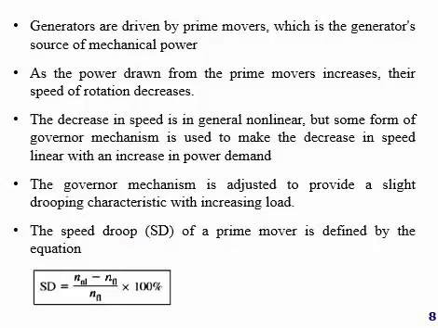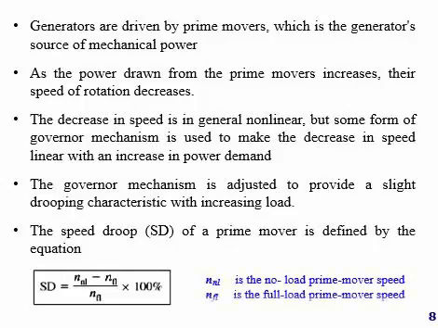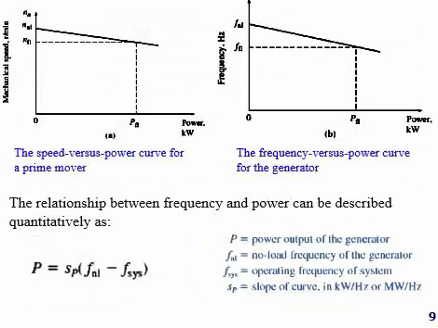So this speed droop formula will be used to check the speed of the generator. Now we have two graphs in front of us, one showing the speed and the other showing the frequency.